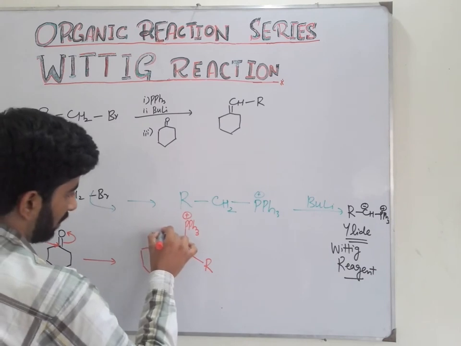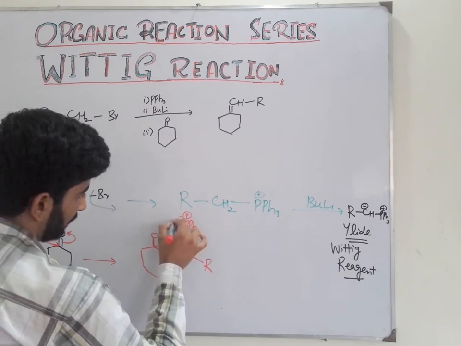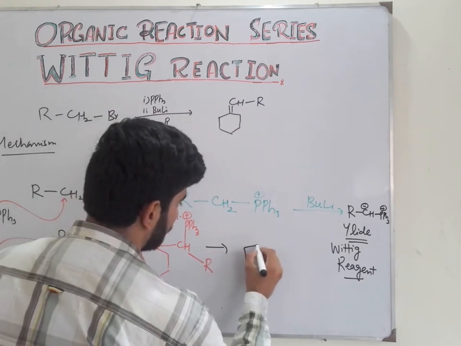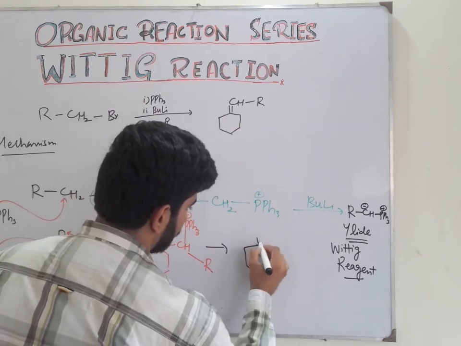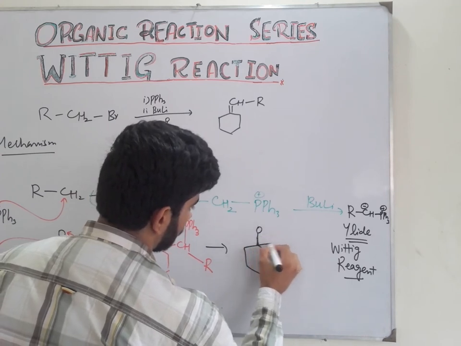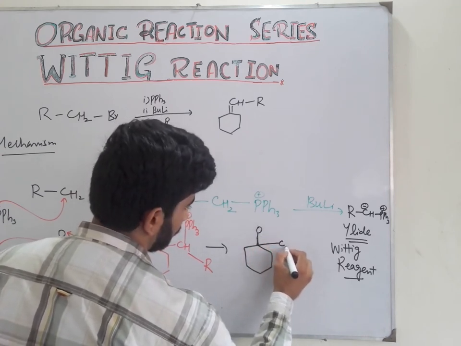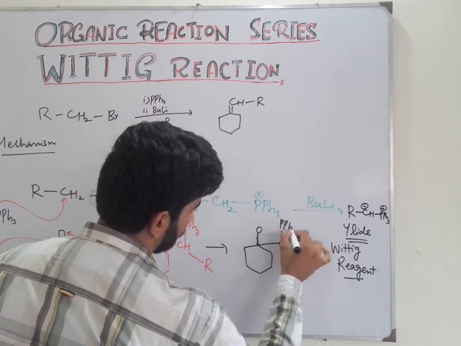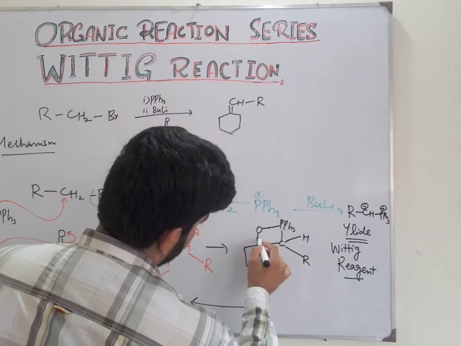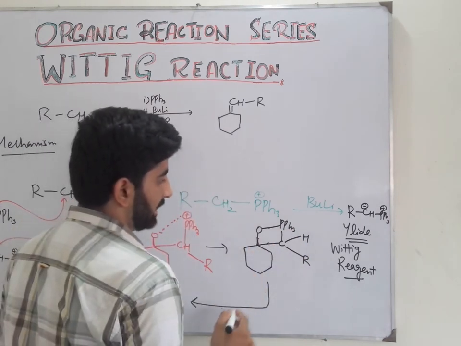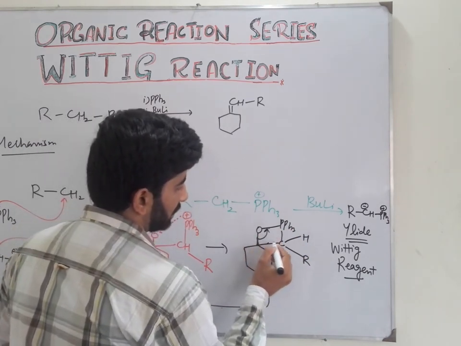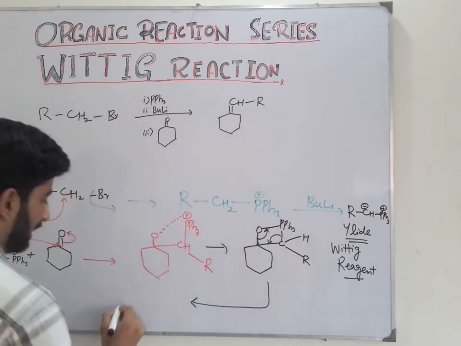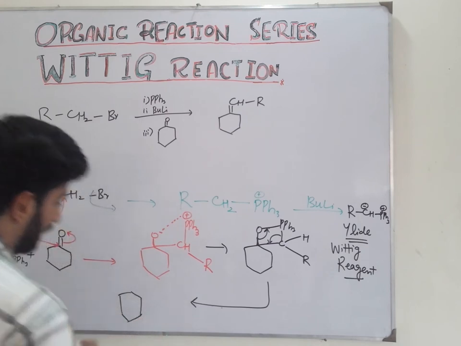In the next step, there is bond formation between O negative and PPh3 positive, and in the next step, triphenyl phosphine oxide is eliminated, and there is formation of an alkene.